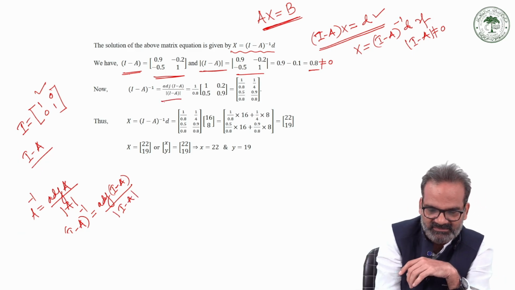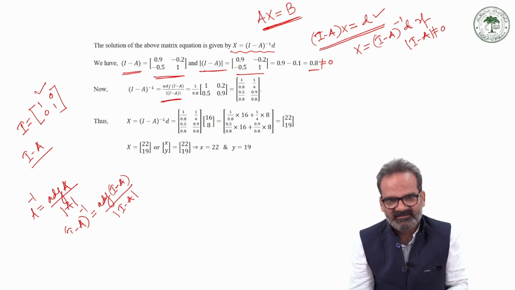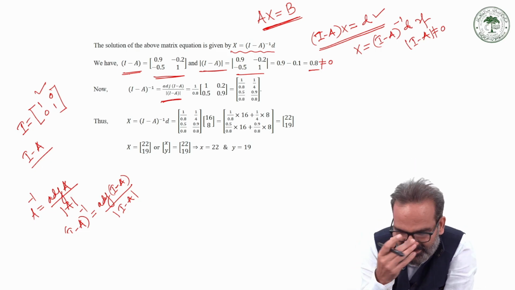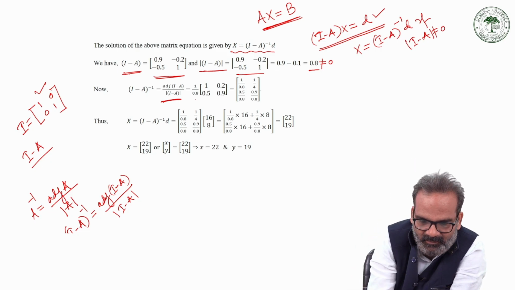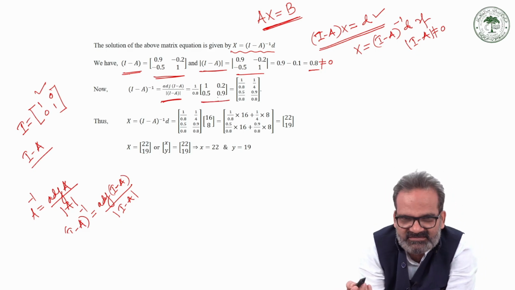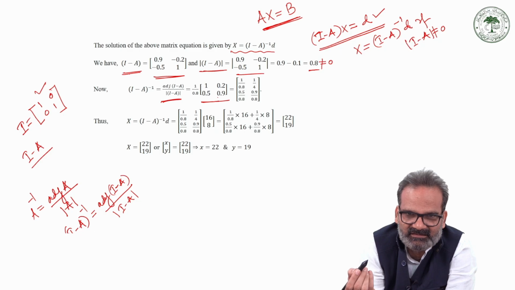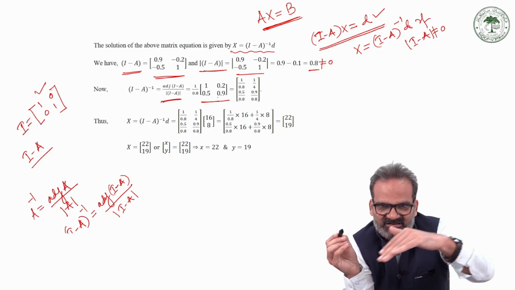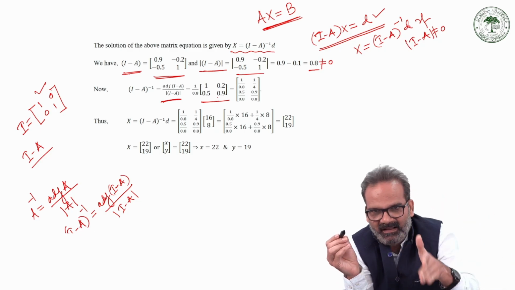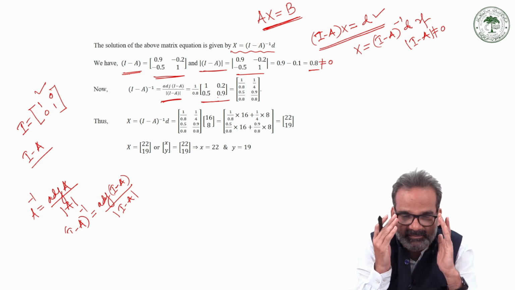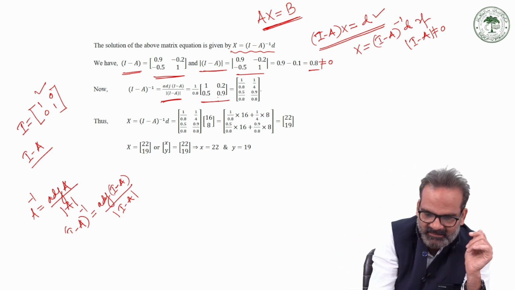So we are using the same formula here. Clear? Now the value of the determinant is 0.8. So 1 upon 0.8, this is the adjoint of the matrix. I have told you many ways to write down the adjoint of a matrix of order 2. The principal diagonal elements are swapped and the second diagonal elements will be multiplied by minus. So simplifying this, you will get this as a matrix.